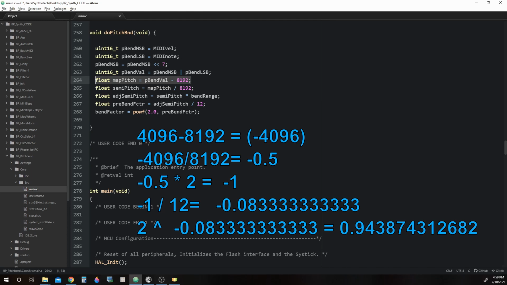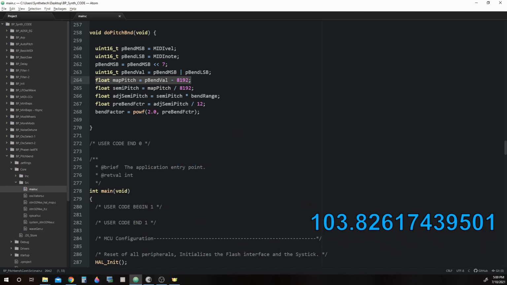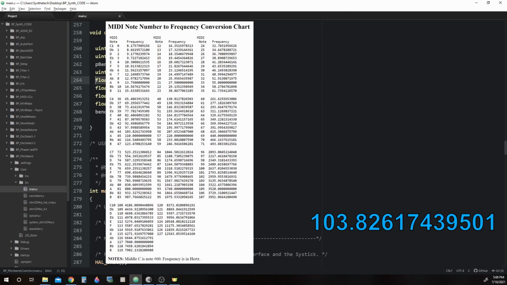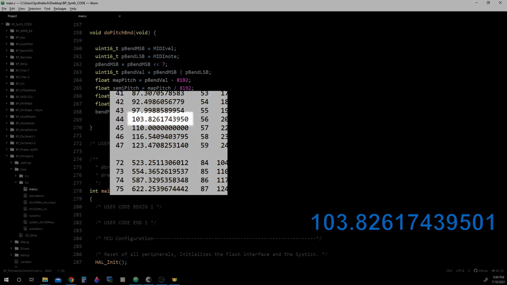And when we multiply it against our base frequency of 110, we get 103.82617439501. And our note to frequency table says the semitone below 110 Hz is 103.826174395. Again, we're spot on.